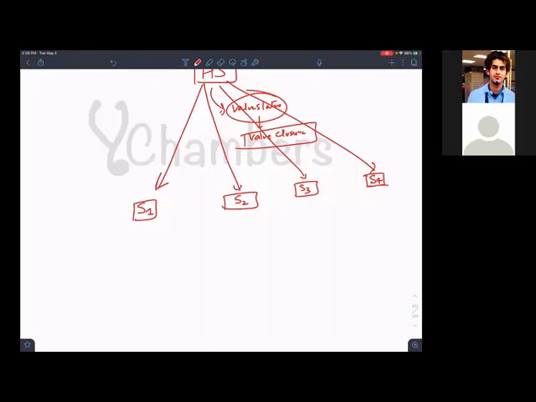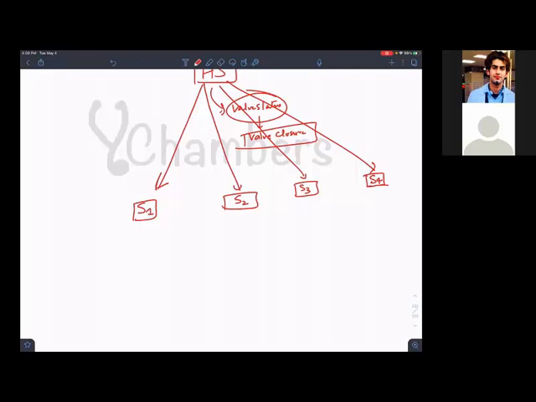Second thing: normal physiological heart valves, when they open, don't produce any sound. In you and me, if we are hemodynamically stable and functioning normally, you should not be able to produce any sound when your heart valves are opening.